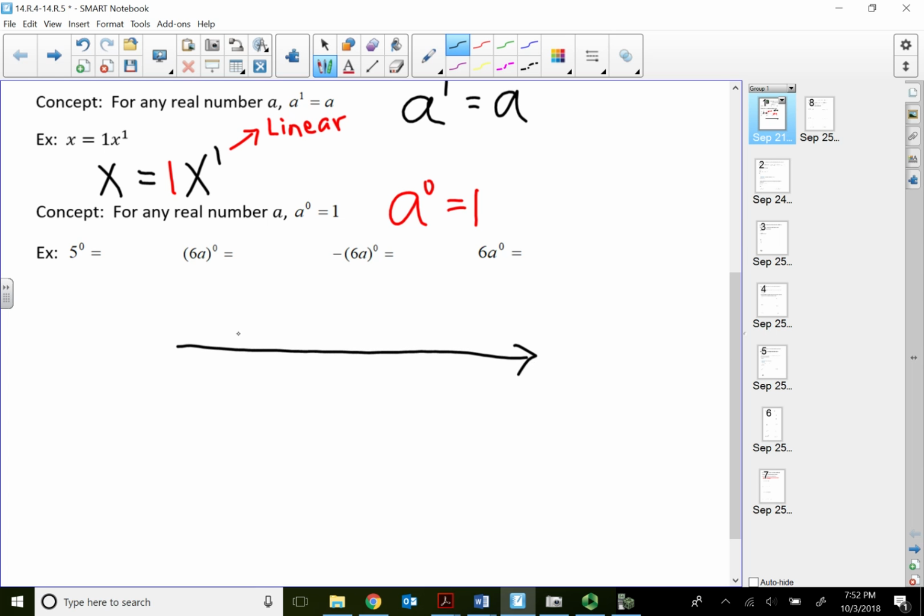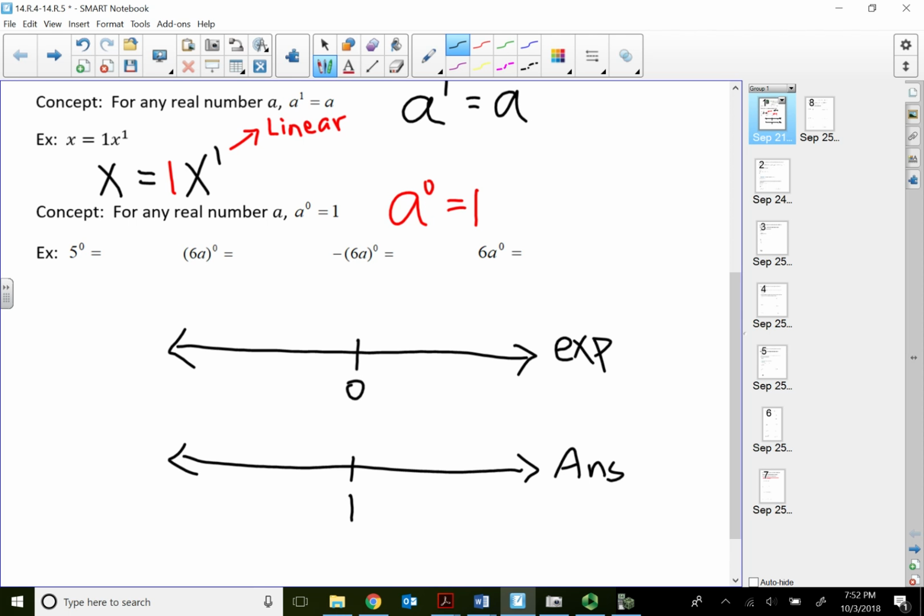So basically what we have here is a number line for exponents and a number line for answers. It's basically saying that when the exponent is 0, it will always give me an answer that is 1.